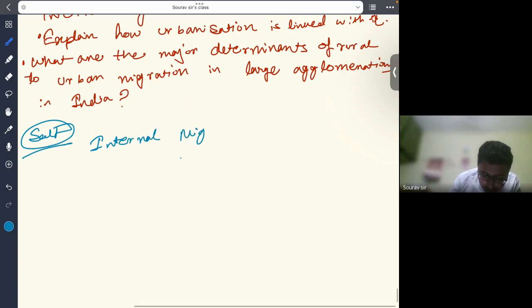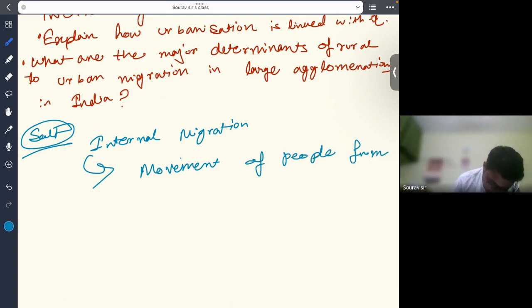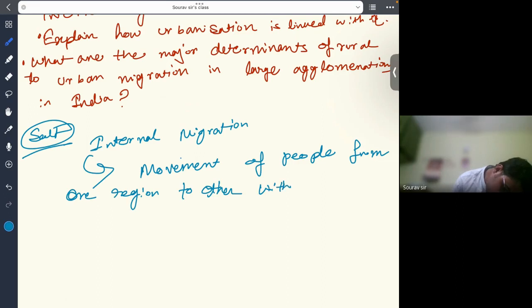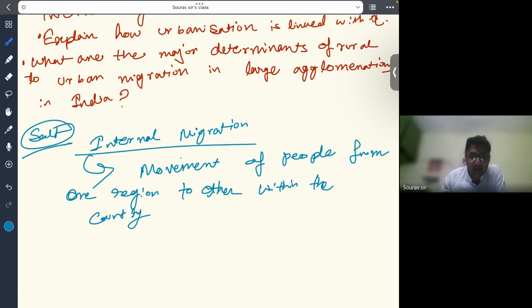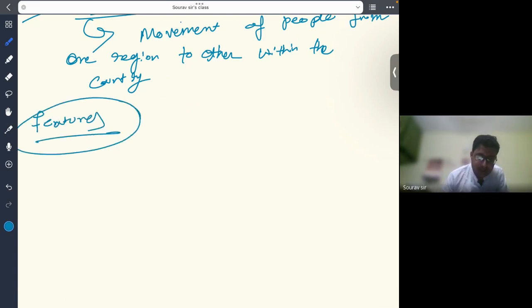Internal migration means movement of people from one region to others within the country.